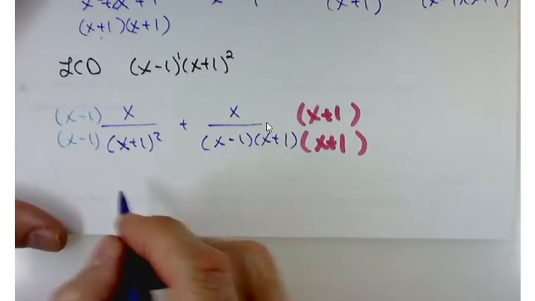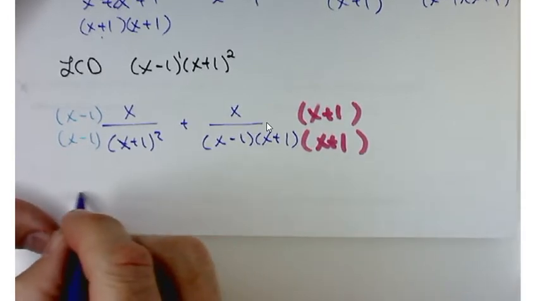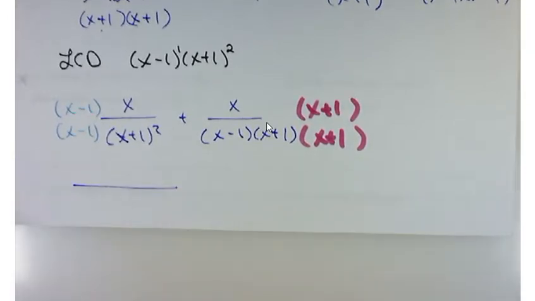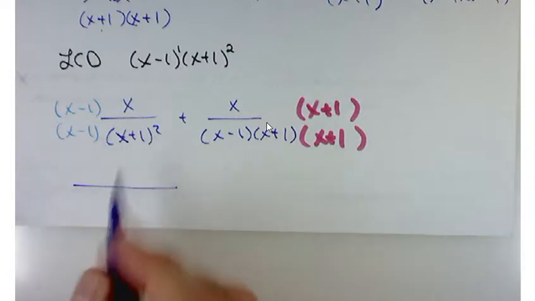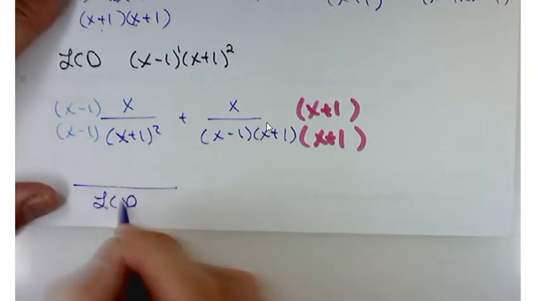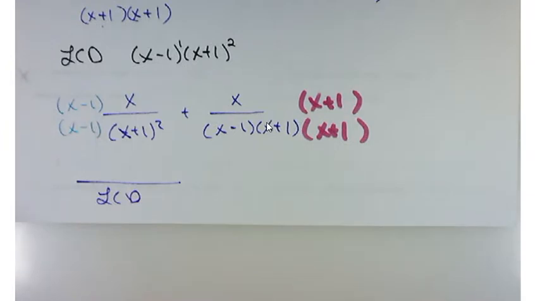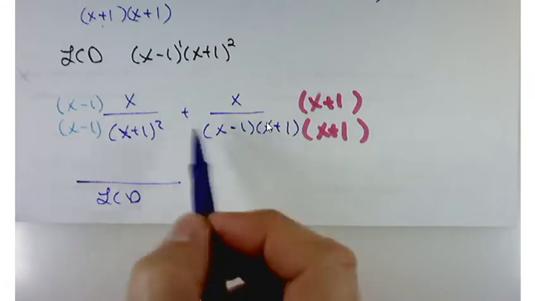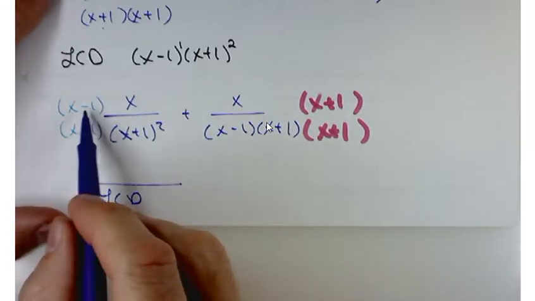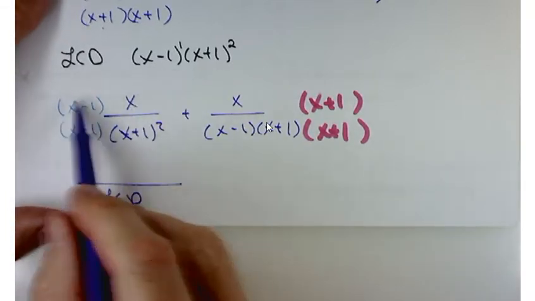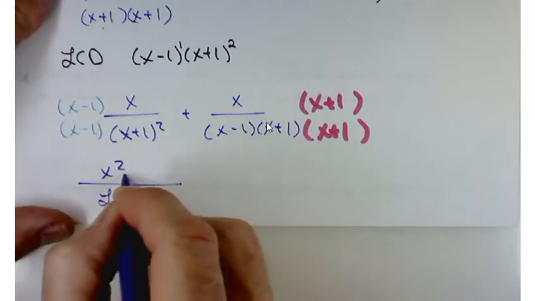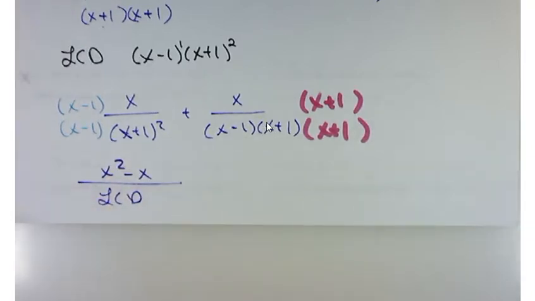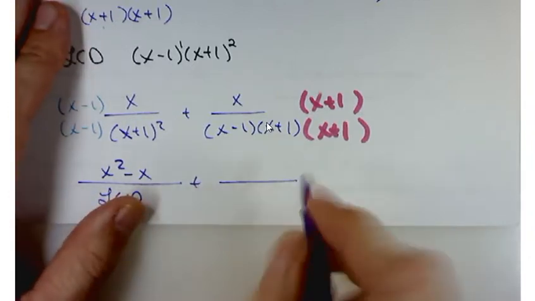Okay. So can we get lazy for a second? All right, this is good. This is my LCD. So I'm just going to write LCD there. At the end of my problem, I'm going to go back and write what it is, but I just feel like getting lazy here. Now, in the numerator, let's distribute that x. That's going to be x squared minus x. All right? Can we get lazy again in the denominator?